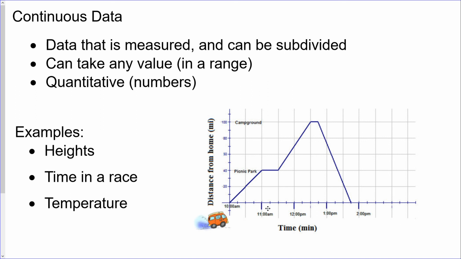You don't only have things at 11 o'clock and then 12 o'clock and then 1 o'clock. As they're driving, they are getting certain distances away in between those times. So they're moving a certain portion of a mile per hour, a certain portion of a mile per minute, for example. But again, those can be subdivided as much as you'd like.